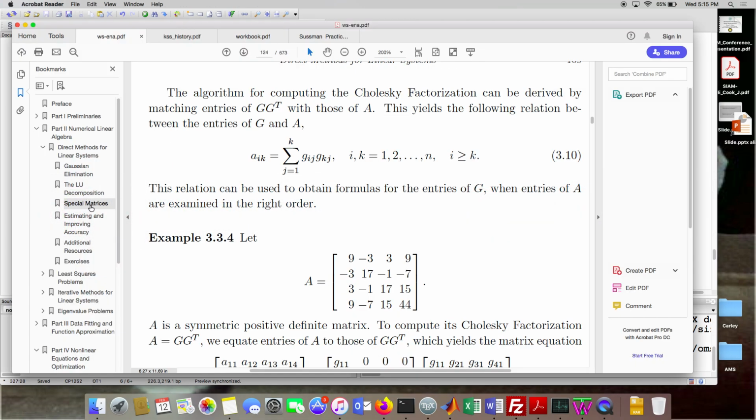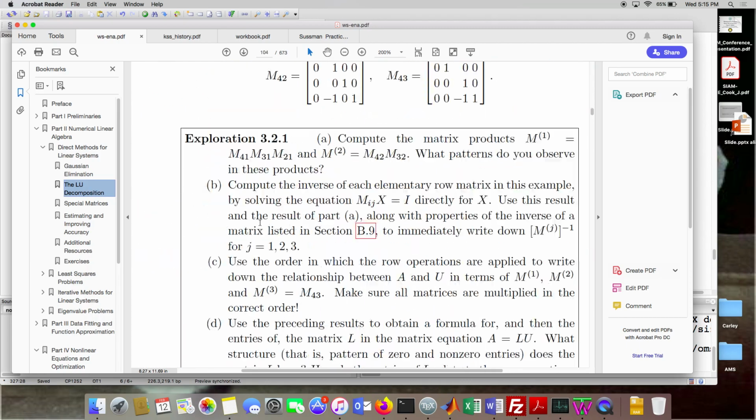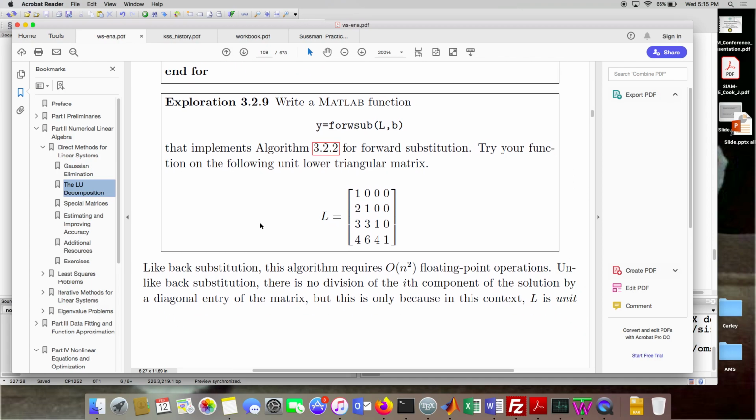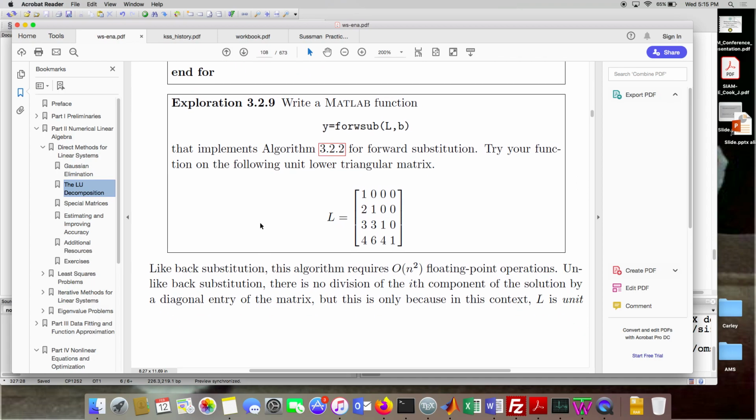Okay, so 3, 2, 9. We're giving matrix L, but we're not giving it B. It's supposed to take 2 arguments, so just make a random B. What results are we giving for this, because we don't know the random B I chose? Well, you could do L/B to get the exact solution.